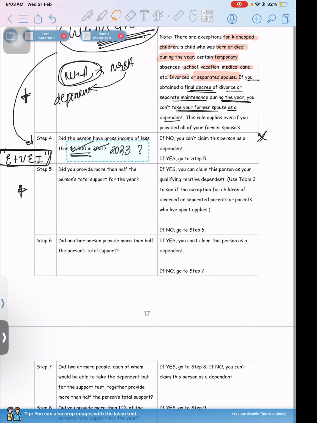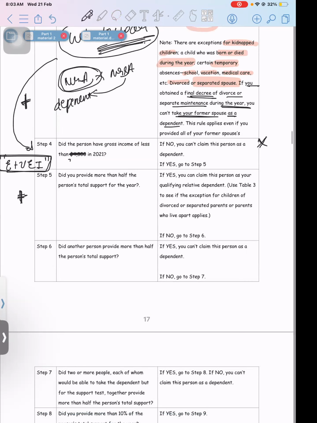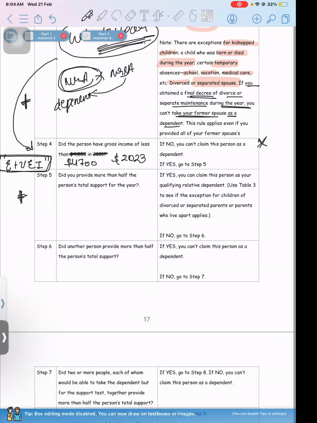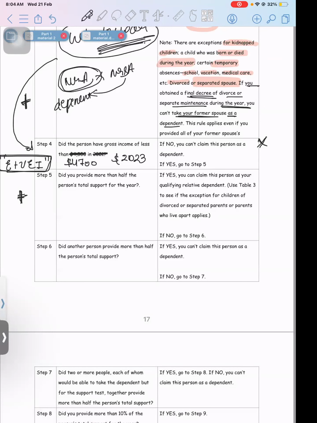Just a minute. It should be 4700. Okay. Yeah. So here you just need to remember the gross income test is 4700.